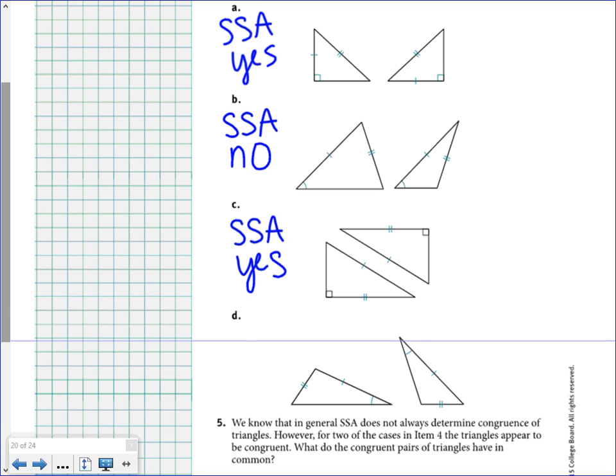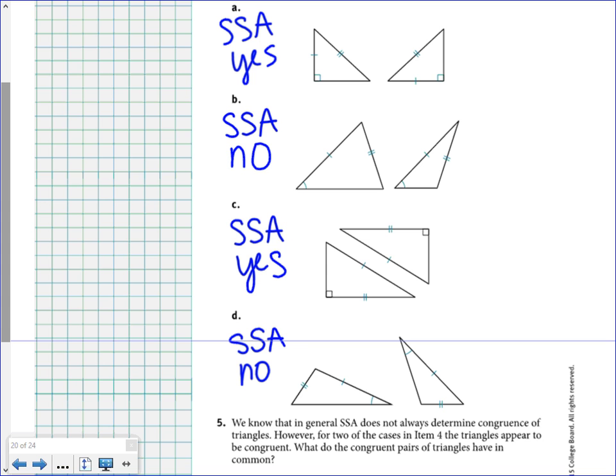And then for D, what is marked? Side-side angle. And do they appear to be congruent? Some of you may say yes. If you used patty paper and traced one and then mapped it to the other one, no, they are not congruent. So if you don't trust me, use patty paper to test that one out, but they are not congruent.